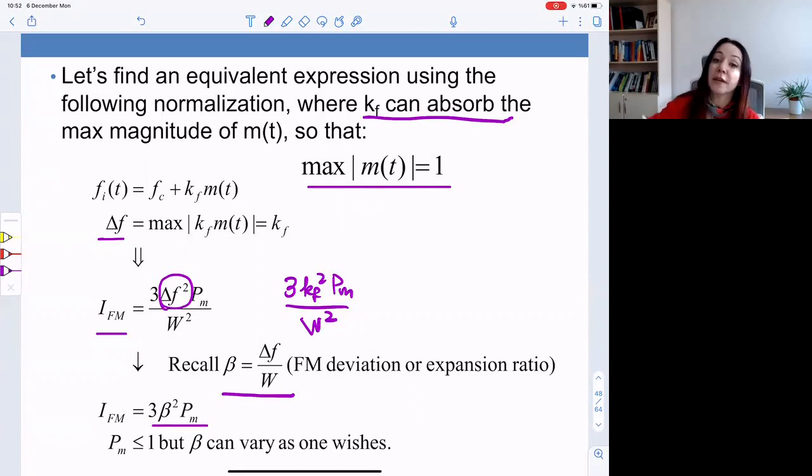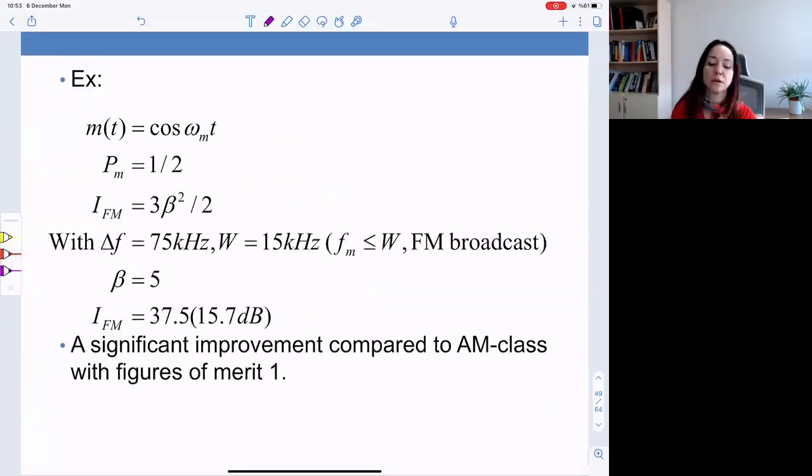Oh, so as beta increases, the figure of merit increases quadratically. Now, of course, in this notation, maximum message amplitude has been scaled as 1. So PM is also limited. So it goes like 3 beta squared, essentially.